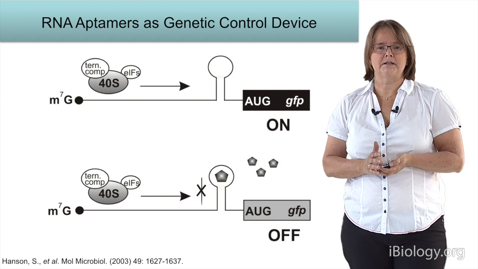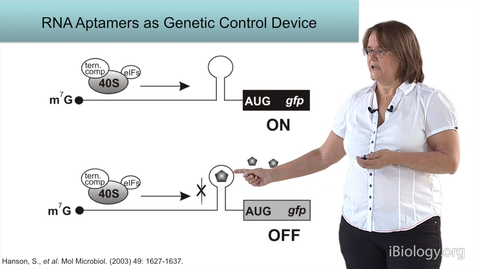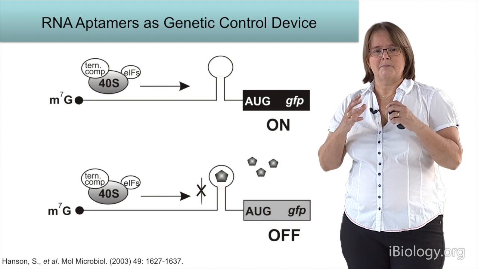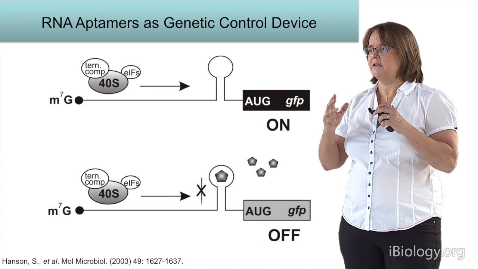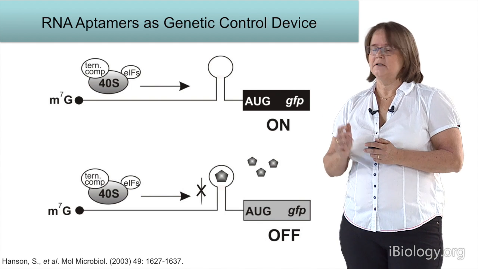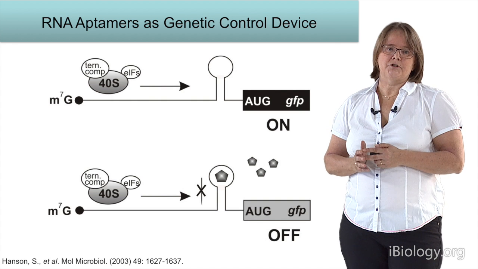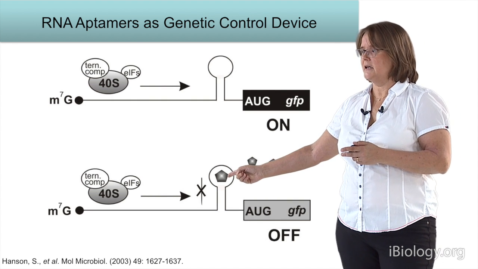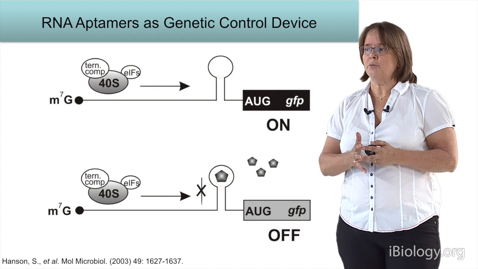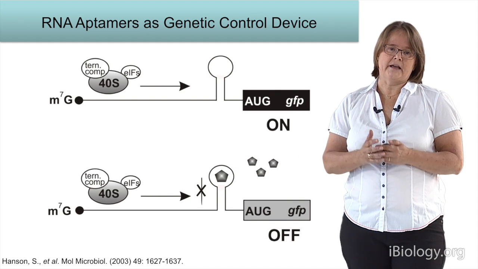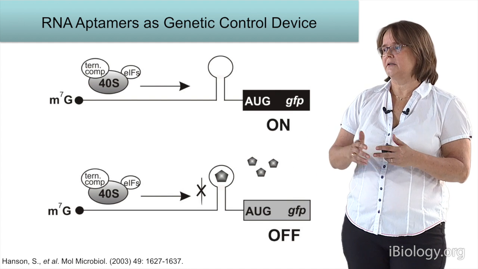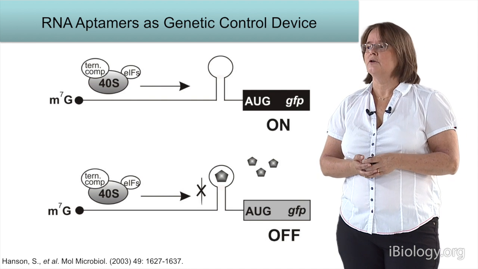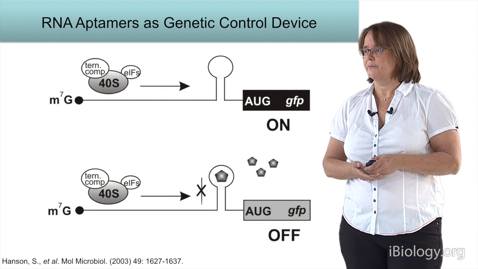And then if you add the ligand, the aptamer adopts a defined tertiary structure, and in this conformation, it's able to interfere with cellular processes. Here, in this case, it can stop the scanning ribosome, and this can't recognize the start codon, and so it leads to the stop of translation.